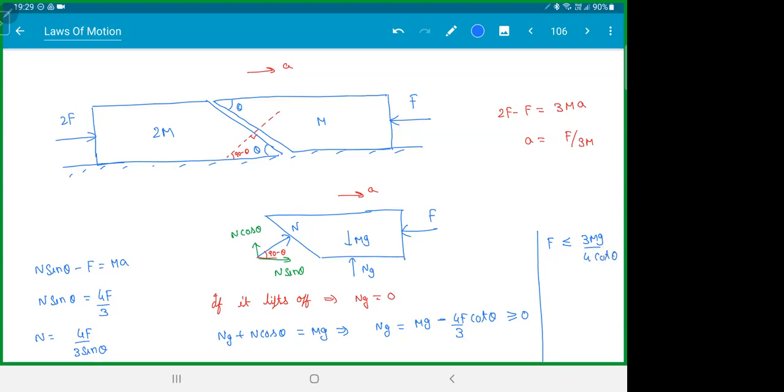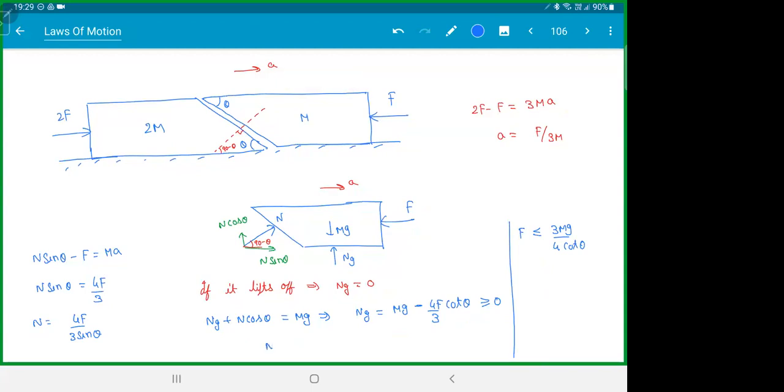That's your answer. As long as the force is less than this value, you won't lift off. Since you don't want it to lift off, N ground should be greater than or equal to 0.